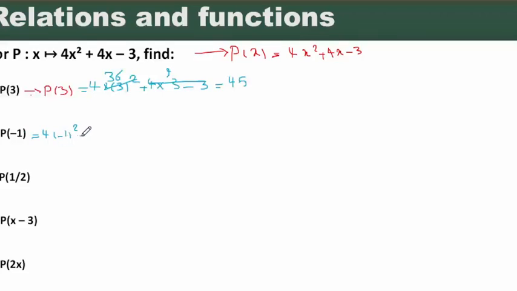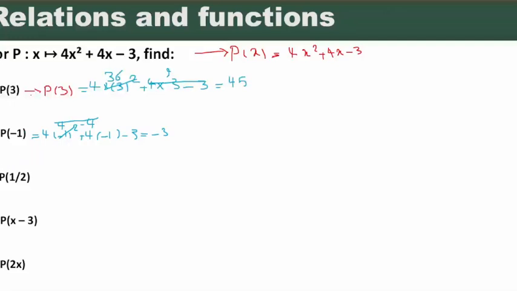So plus 4 times negative 1, and minus 3. It would be negative 4. I can undo it with this 4 because 1 times 4 gives me 4, and it would be negative 4, so I undo them, so the answer would be negative 3.